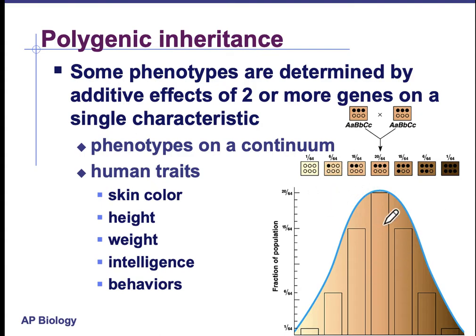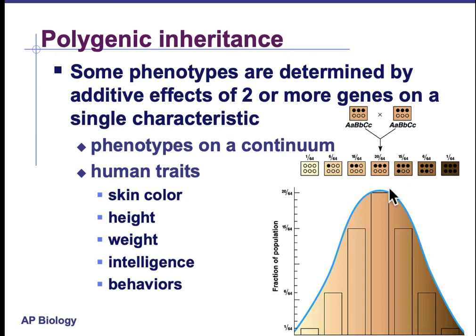Because this is for skin color, the activation is of melanin in your skin. So the more melanin activated, the darker your skin's going to be. This shows that there's a peak in the middle. There's fewer people that are really, really light colored and fewer people that are really, really dark colored. And then in between, there's a complete range.